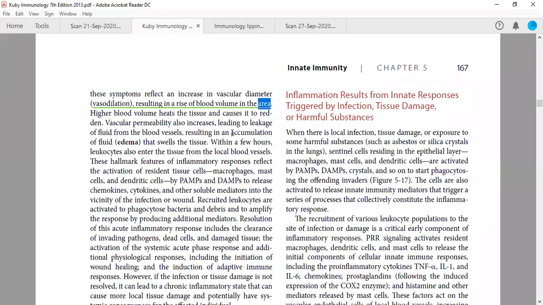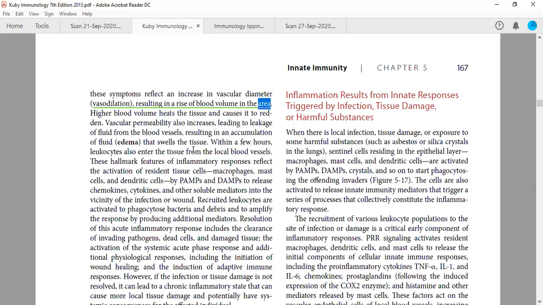Within a few hours, leukocytes also enter into the tissue from local blood vessels. The major leukocytes are B and T cells, including natural killer cells. So there are three major cells which come under this category: B, T, and NK, natural killer cells, which are also known as the cells of the adaptive immune response or adaptive immune system.